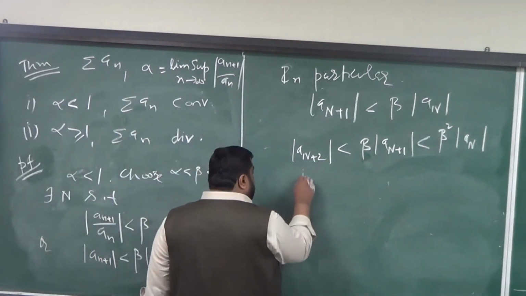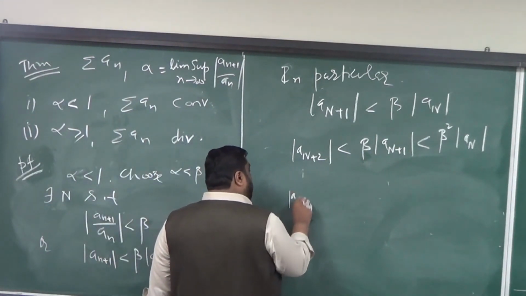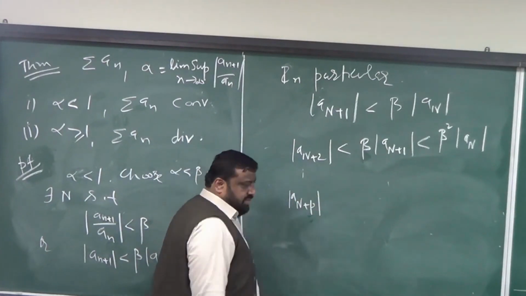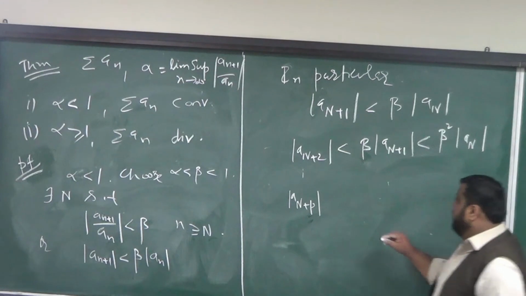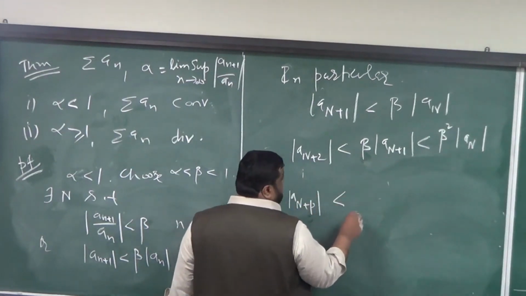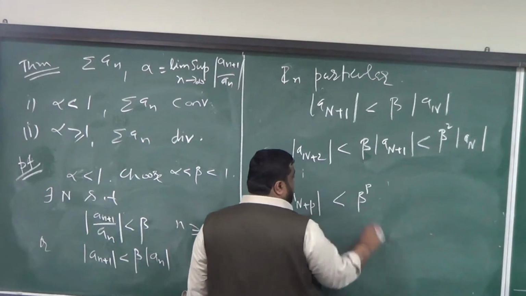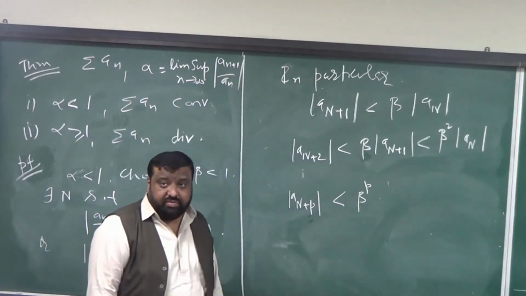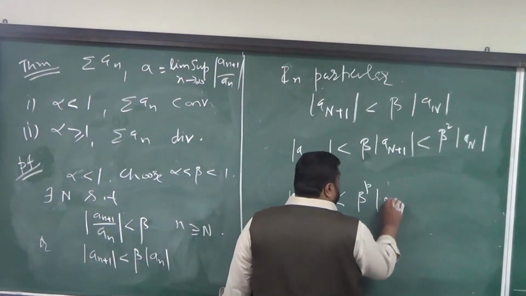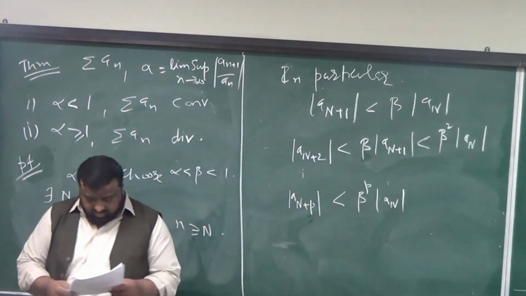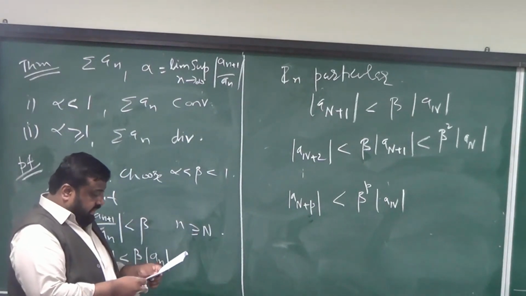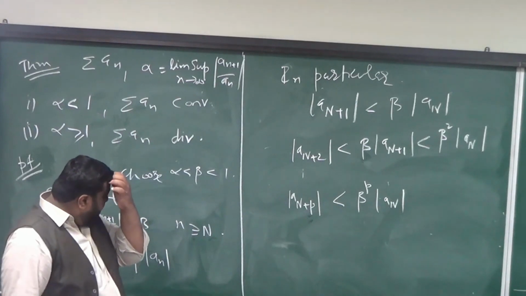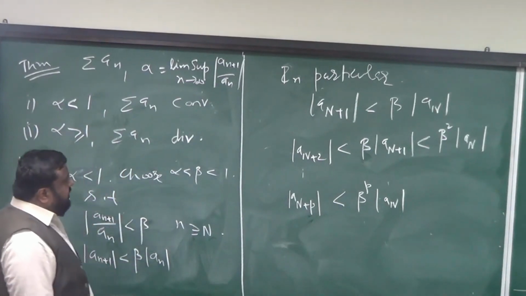So I can continue this, and what do you think that I'm going to have if I have N plus some fixed number p? It's going to be less than beta power p times a_N. Agreed? Now think about it.